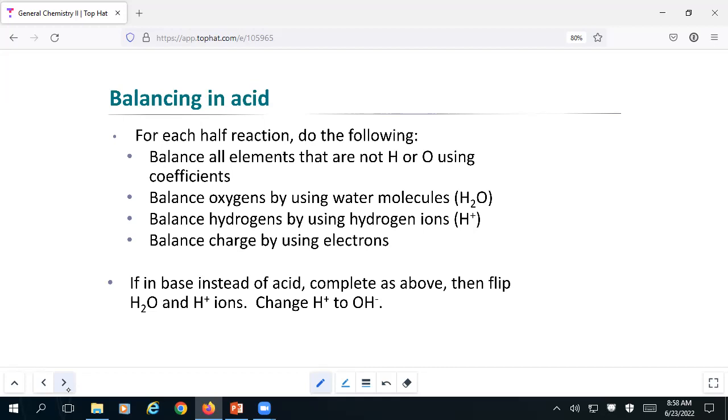But after we balance those other elements, the next step is to balance the oxygens. We balance oxygens in a half reaction by adding water molecules to the opposite side. So for every oxygen atom that we need, we'll add a water molecule to the opposite side to give us that balance of oxygen.